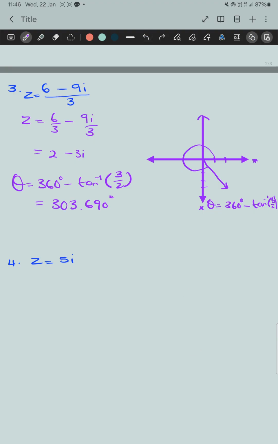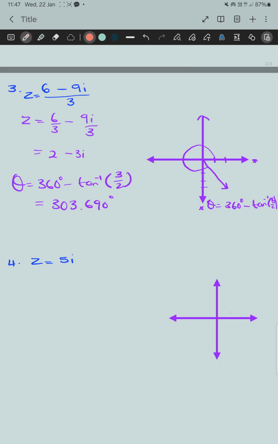If I'm going to draw the Argand diagram for that, my real is 0, so there's nothing here.